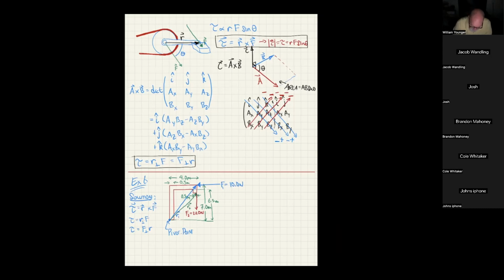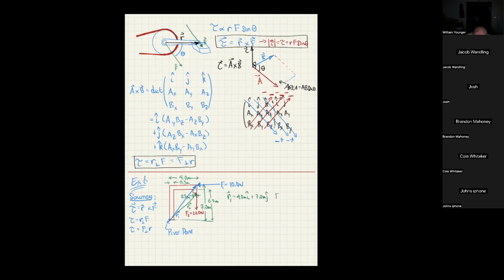So for instance, I could say that R1 has an X component equal to 4.0 meters I hat, and it has a Y component that is 7.0 meters J hat.